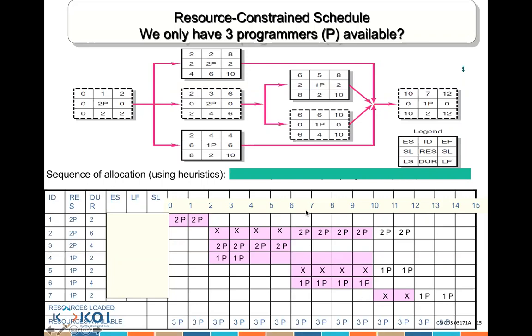Because I don't have resources. Where can I delay it to? We can only start from day 10. 4, 5. 4 and 5, I can delay it. Correct. There's a slack because here I'm using 2 resources. Here I'm using 2 resources. I still have 1 extra resource I can use here. So I can delay it for 2 days.